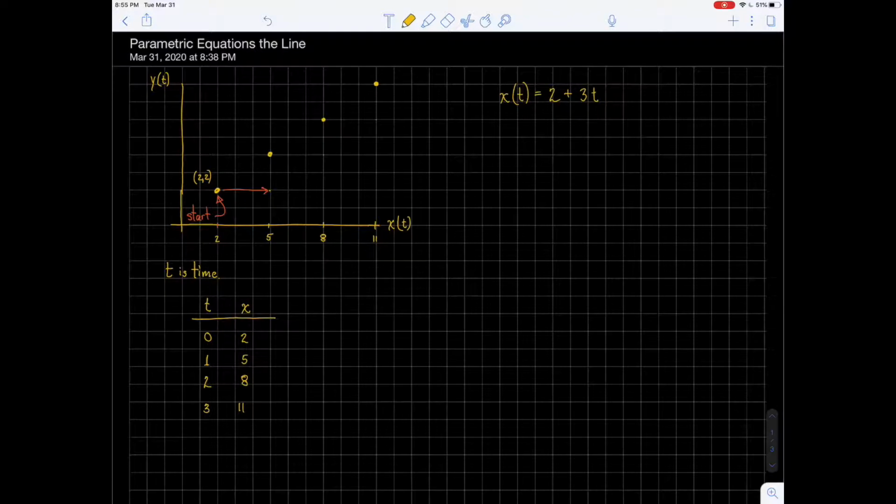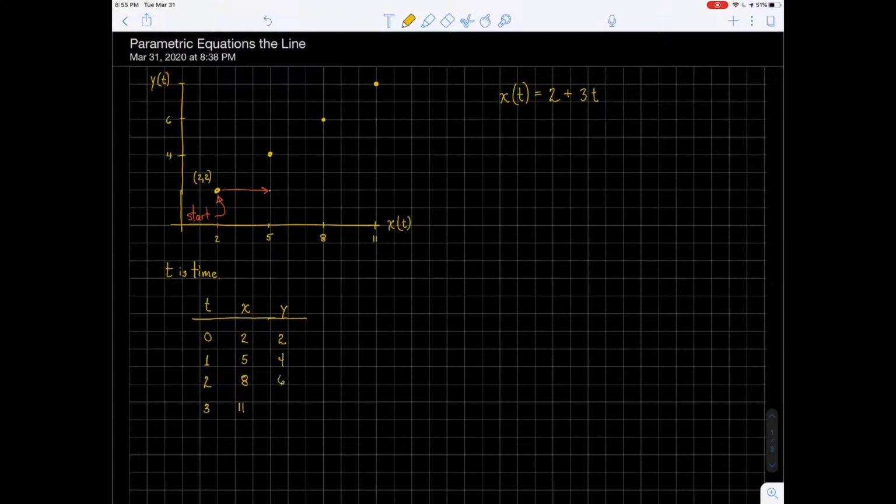We can do the same for the y's. So notice that the y's are also going, let's continue our table here. Our y's also start, when time is 0, at 2. But then it moves up to 4. And then it goes up to 6. And finally, it goes all the way up to 8.